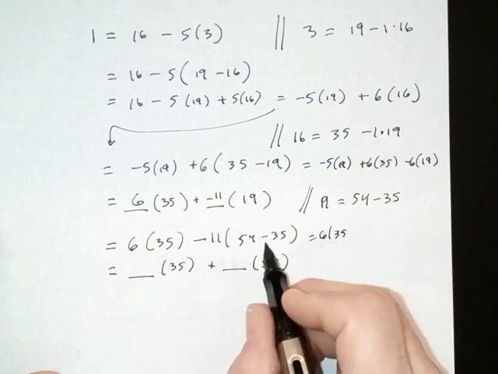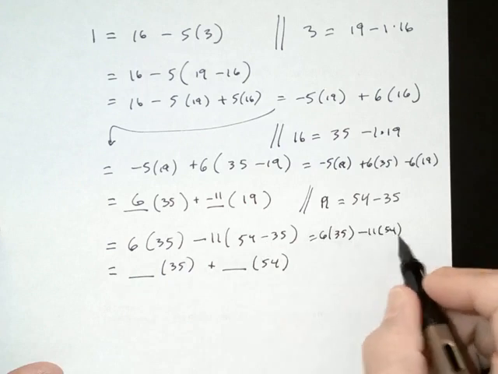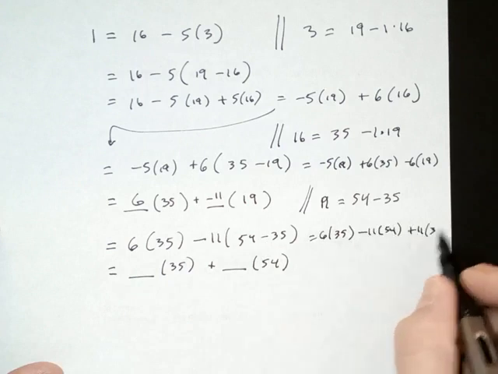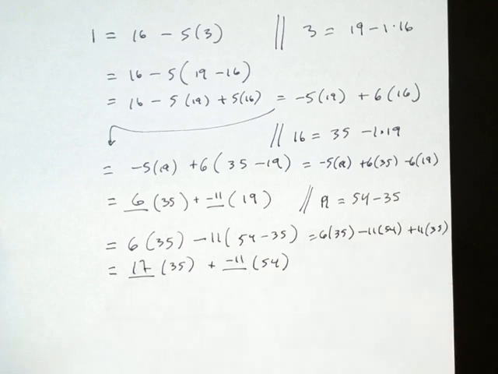Hang on, there's another minus in there. Oh, you have to distribute that. Right. 17. So there are 17 35s and minus 11 54s.